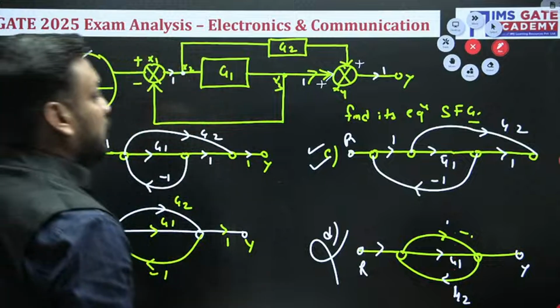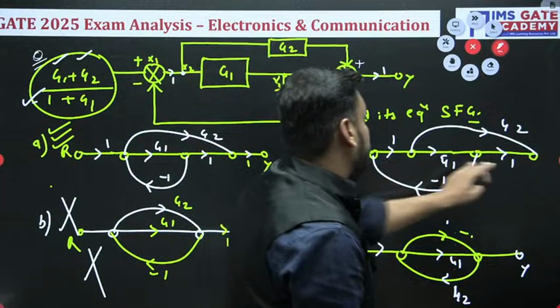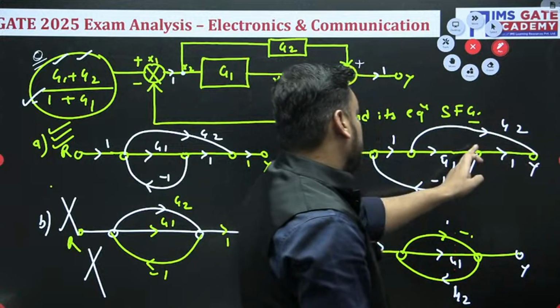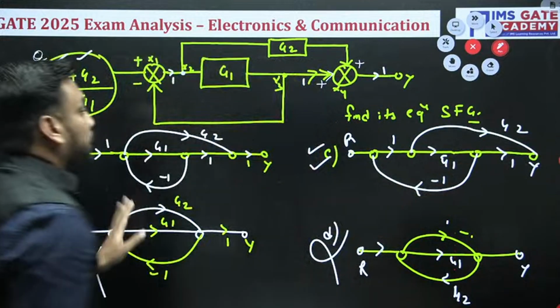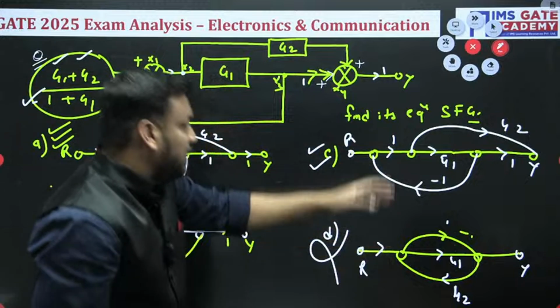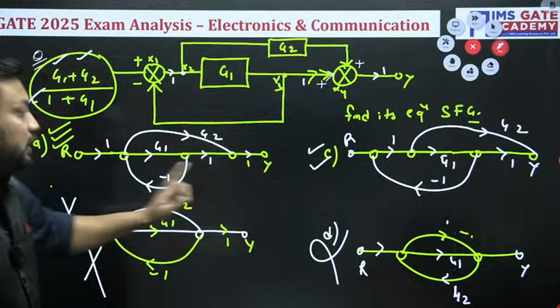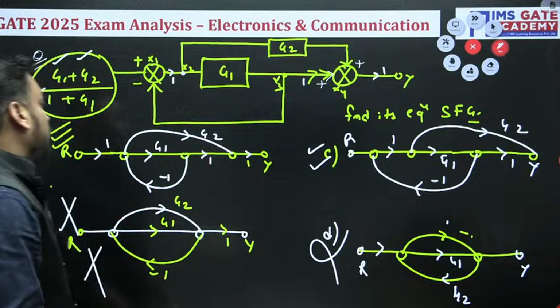Then you can check here, two forward paths: the first is G1, the other is G2, and the second one is -G. Maybe this diagram may be in D, this diagram may be in A. The sequence may have been changed, but the correct answer is like that only. You can please cross-check.